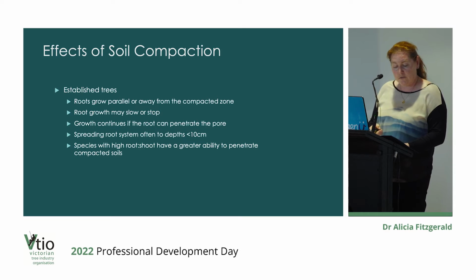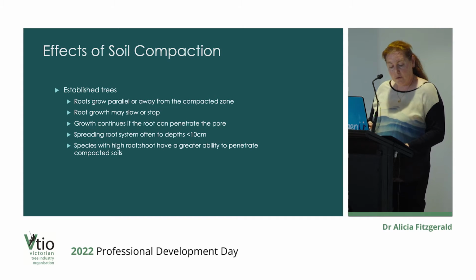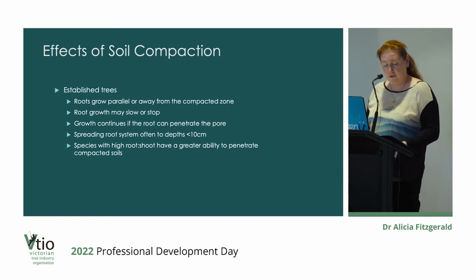There are also effects of compaction on established trees. So when roots encounter the compacted soil, they generally grow parallel to or away from the compacted zone, but growth may slow or stop. If the lateral roots can fit through the pores of compacted soil, then the root growth continues while the main axis of the root is constrained.